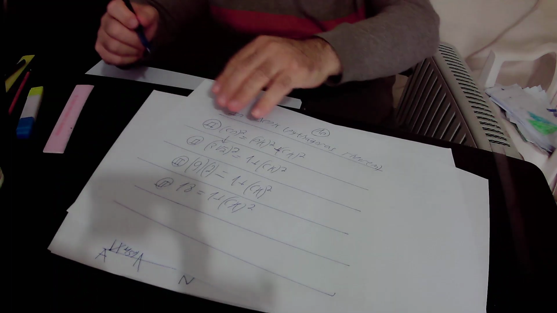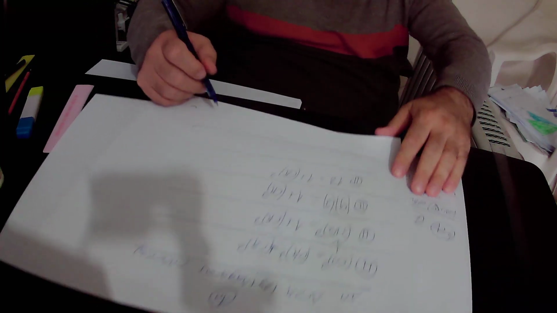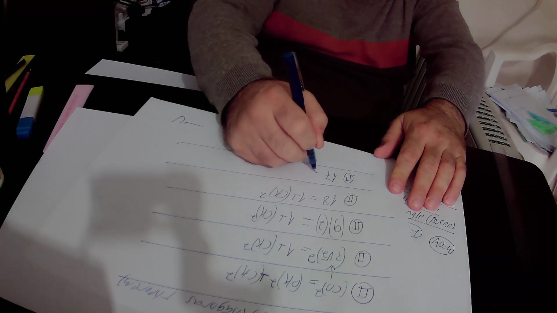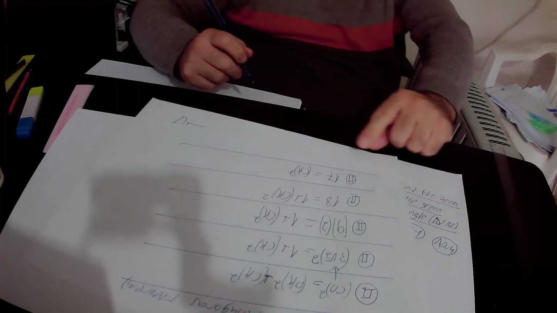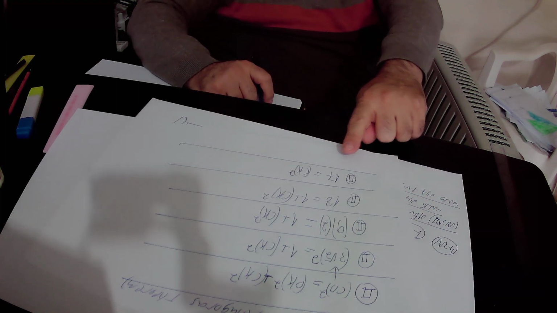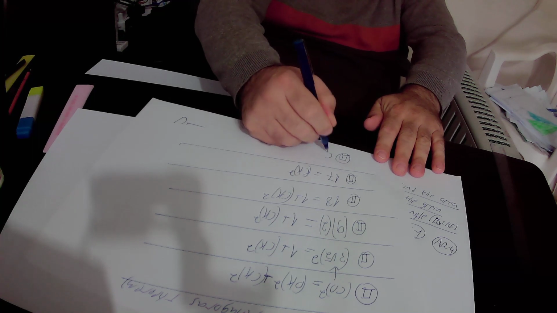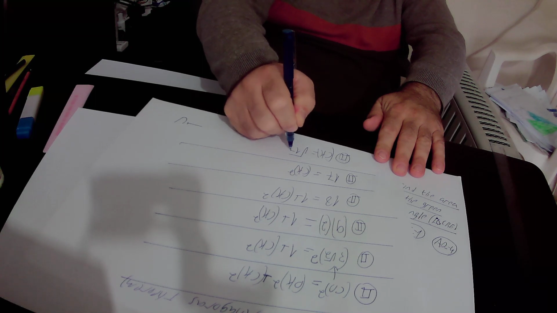We will subtract 1 from this equation, equation number 2, and we get that 18 minus 1 is 17. 17 equals CK square. Here we'll take a root of this equation, equation number 2, and we will get that CK equals the square root of 17 units.